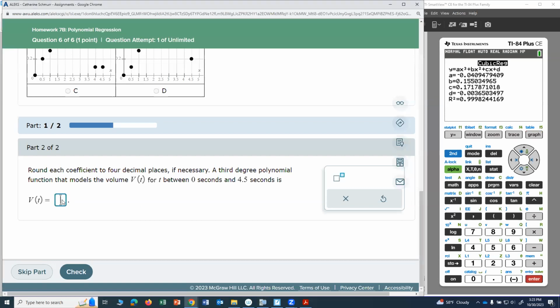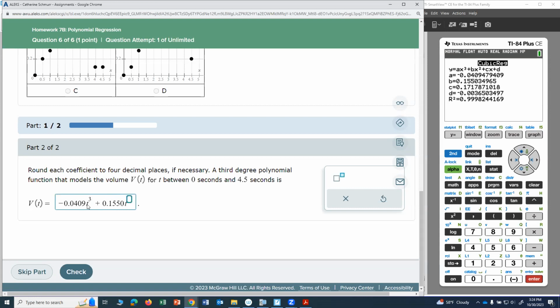So over here, I'll put in negative 0.0409. And I have to do x cubed. Actually, this says v of t for t between 0 and 4.5. So I better put a t there. Otherwise, it will give me an error. And then my b value is 0.1550.